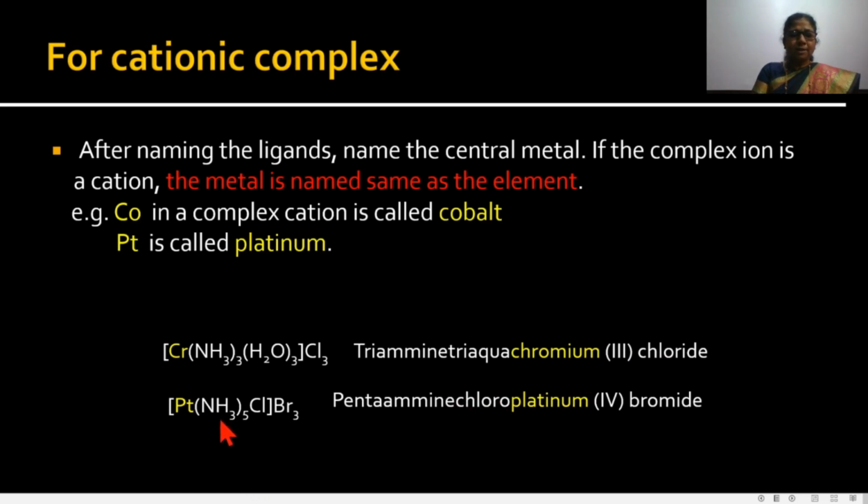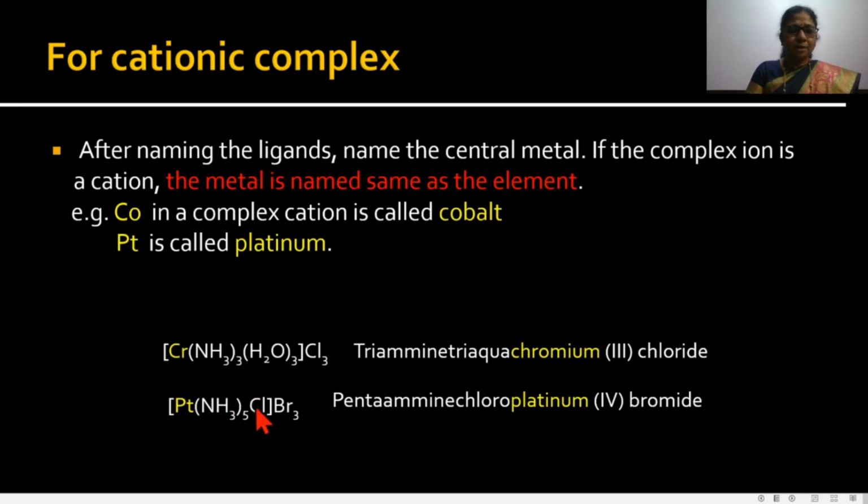In this way, next example, platinum is [Pt(NH3)5Cl]Br. In square brackets is the coordination sphere, it has the positive charge, and the bromide is the ionizable sphere. Then how many amine groups are there? Five, and one chlorine atom. Chloride is abbreviated as chloro.